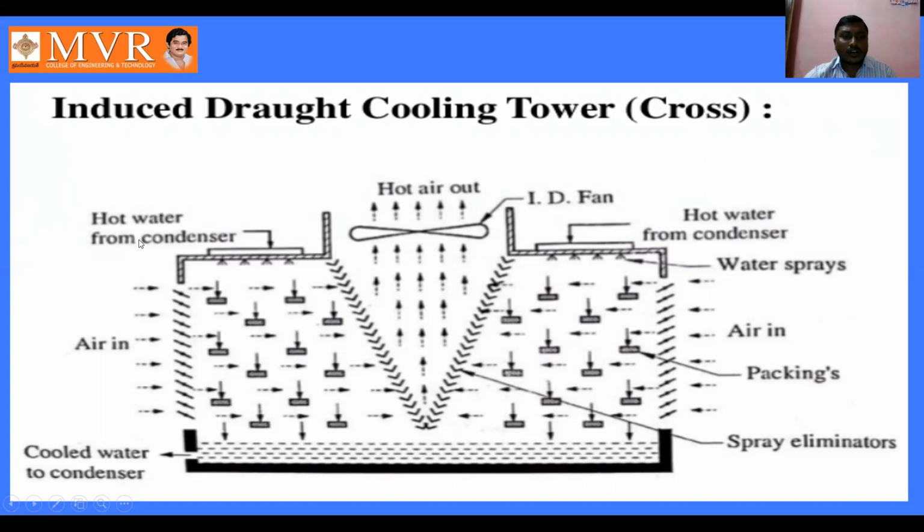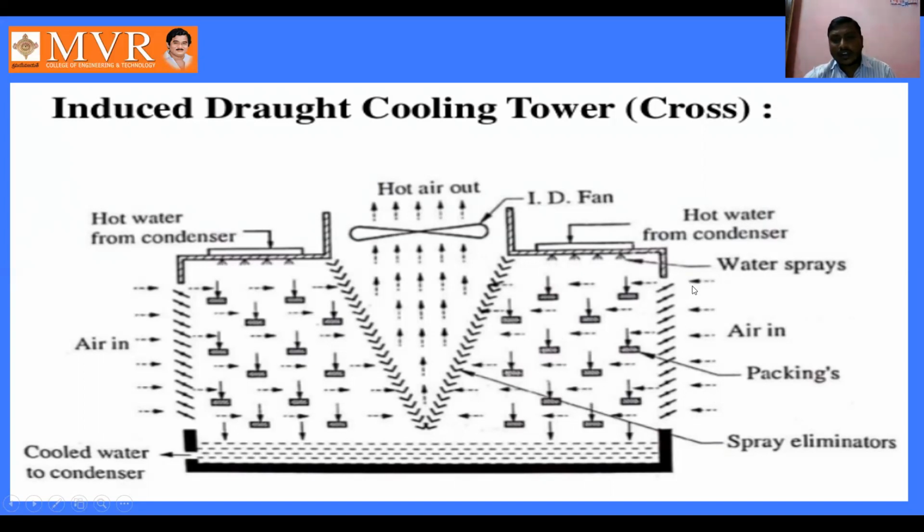See here, the hot water from the condenser enters into the cooling tower. By using the sprays, the hot water enters into the cooling tower, and the air enters into the cooling tower here.